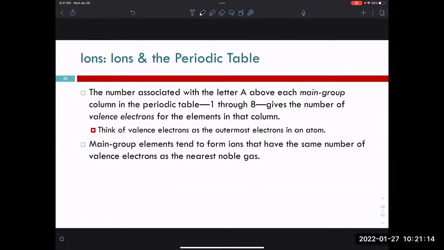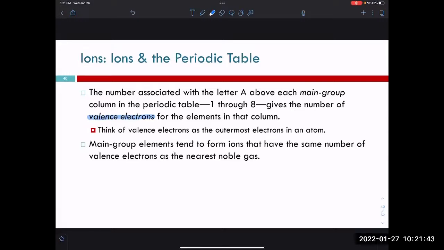Okay, so the number associated with the letter A above each main group column in the periodic table, 1A, 2A, and then going over the right side is 3A, 4A, 5A, 6A, 7A, 8A, gives the number of valence electrons for the elements in that column. So valence electrons, we'll get into this more in a later chapter, chapter 10.